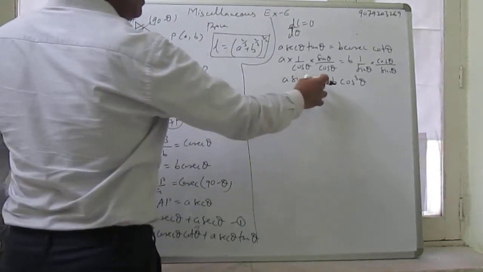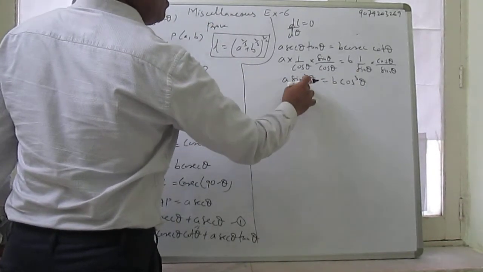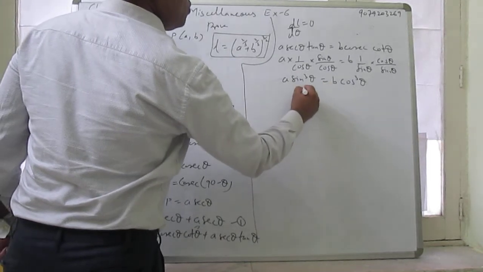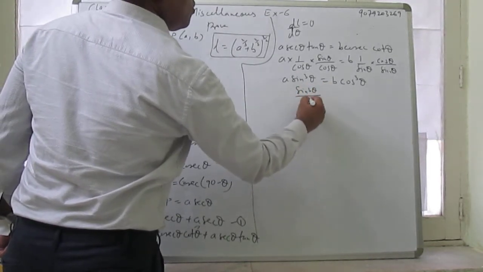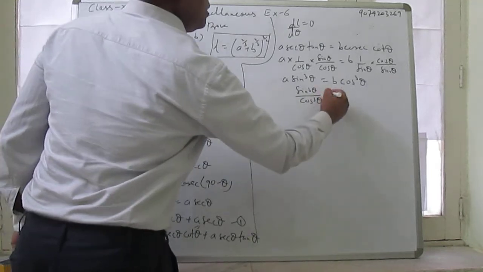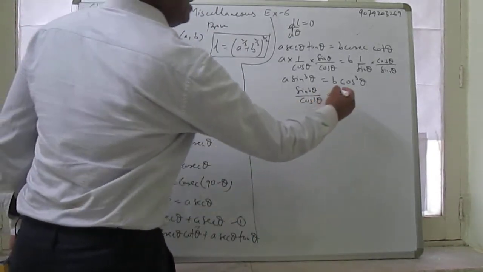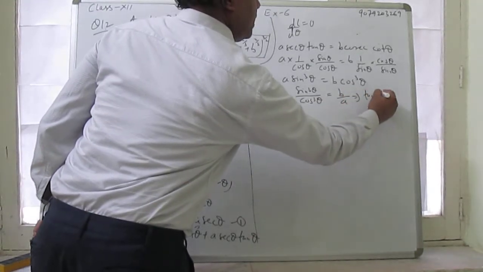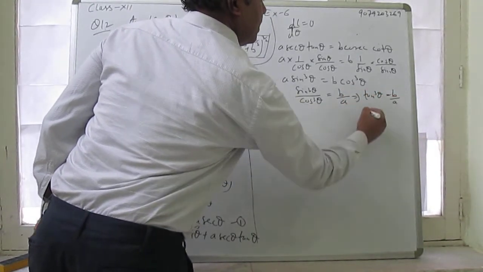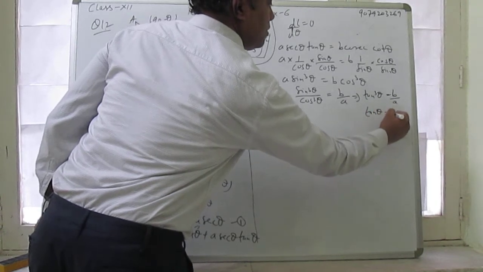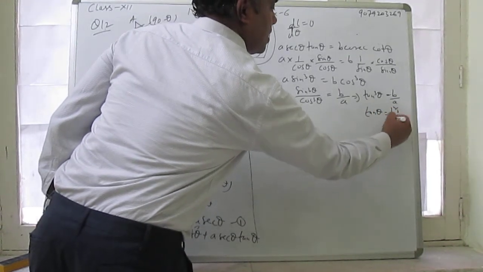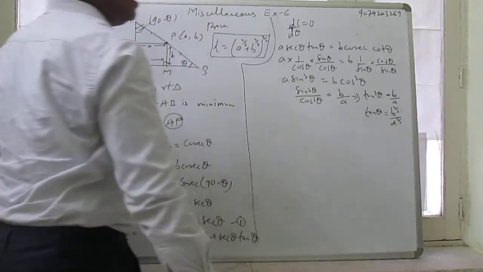So take sin to this side and A to the other side: sin cube theta upon cos cube theta is equal to B upon A. It means tan cube theta is equal to B upon A. It means tan theta is equal to B to the power 1 by 3 upon A to the power 1 by 3.